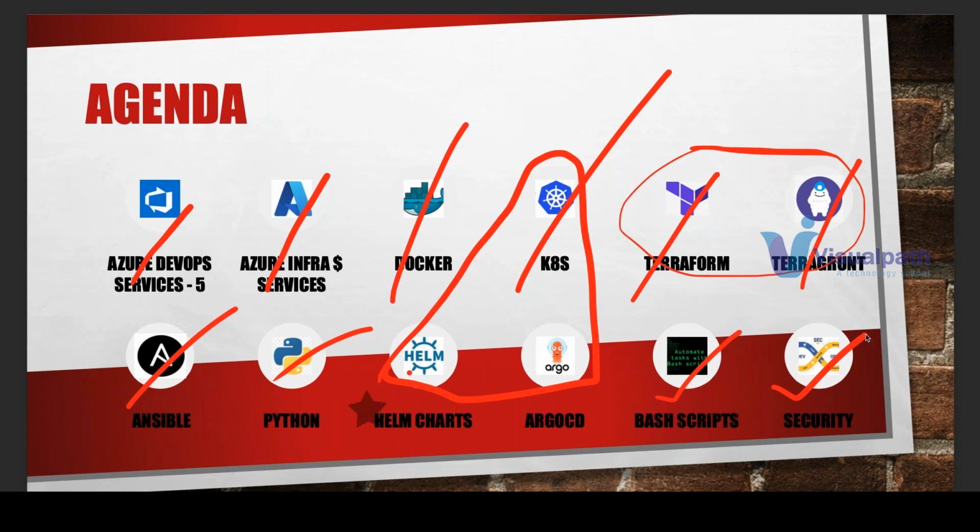We need to understand these things at the security level. Especially we will understand a few tools called Gitleaks, OWASP ZAP, SonarQube, and Armo. Armo is the one which will help us with container security. Those are the tools we can definitely understand in security.